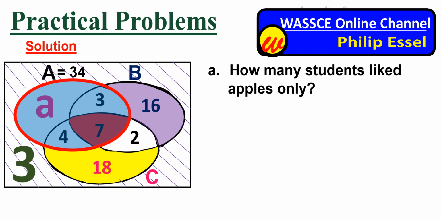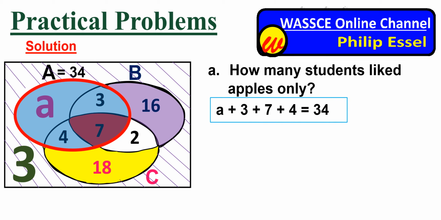So let's write that mathematical relationship down. So that is the mathematical relationship: a plus 3 plus 7 plus 4 equals to 34.